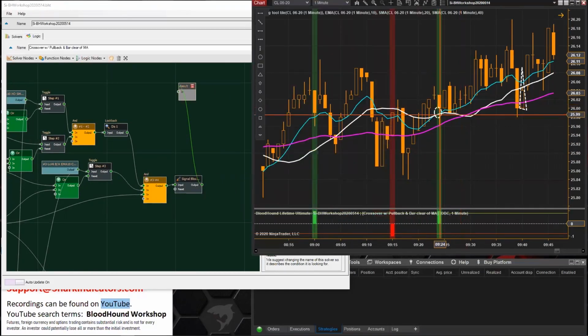Because there's our touch, we might end up with this signal here. Price moves up, and then price touches our EMA 10, and that should be the signal, I think. But anyway, it'll clean this up.